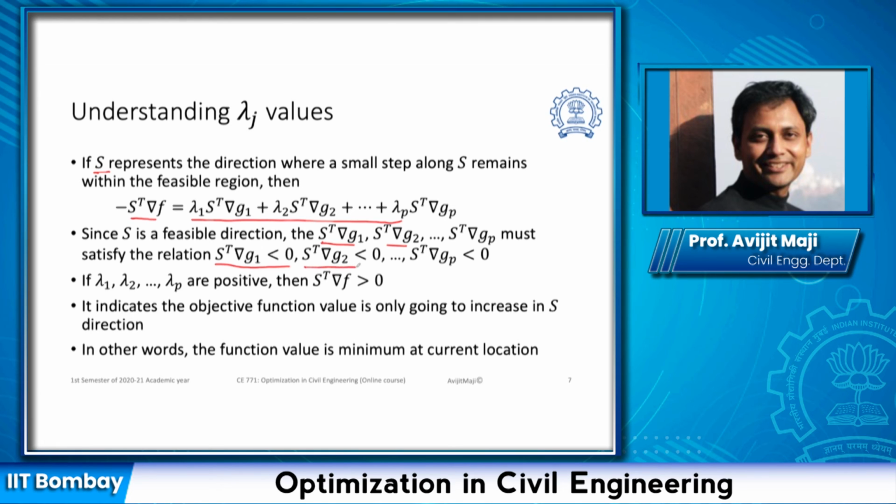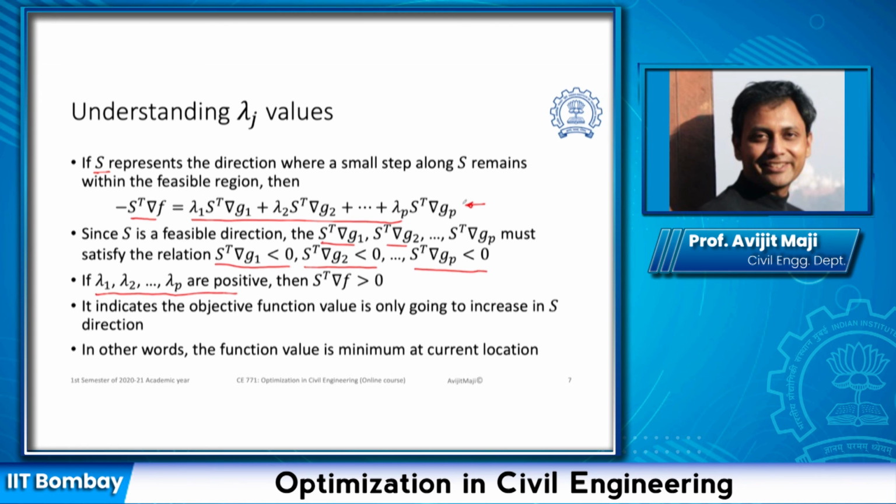So all the constraints, or particularly the active constraints, were less than 0. Now if all these are going to be less than 0, which means all are negative, then to keep all of them negative, we must ensure that all the lambdas are going to be positive.